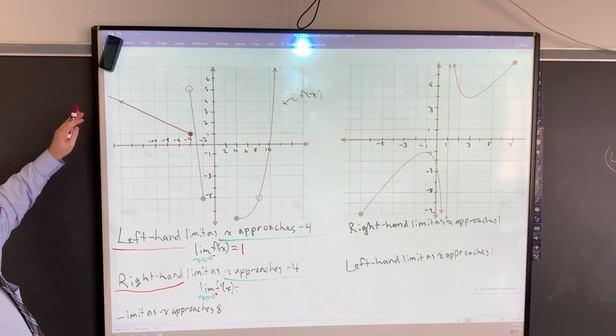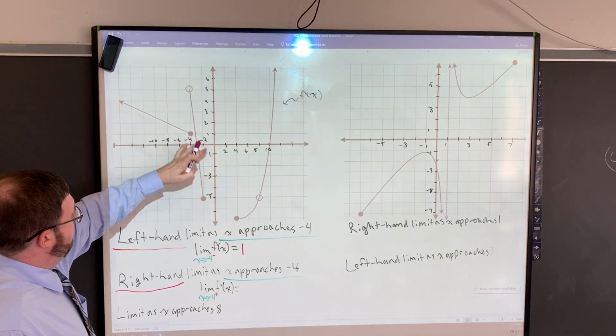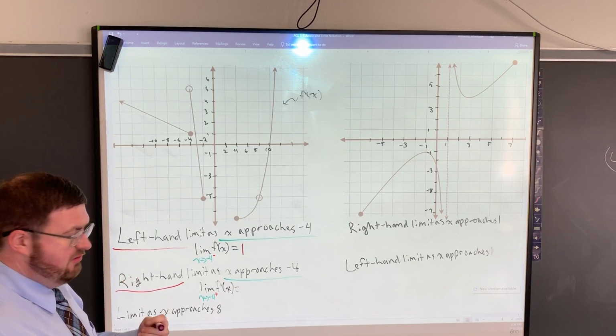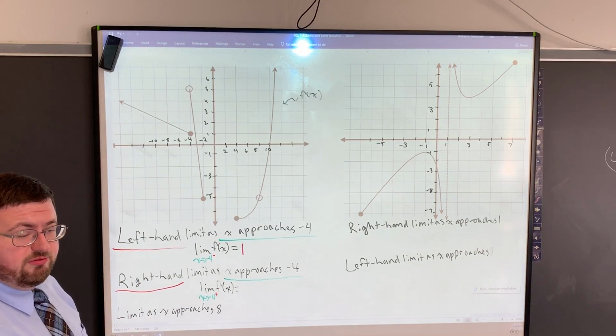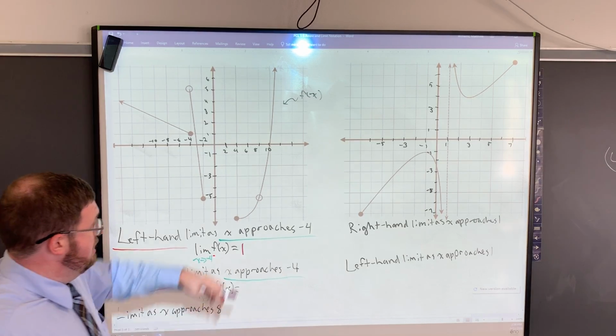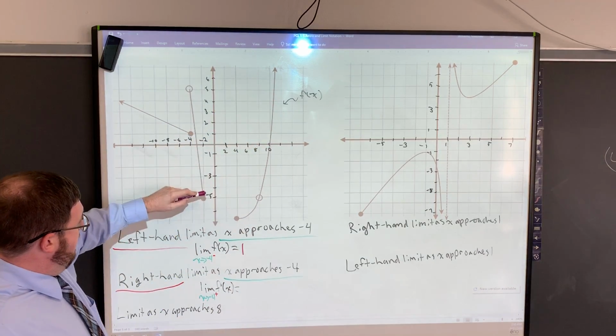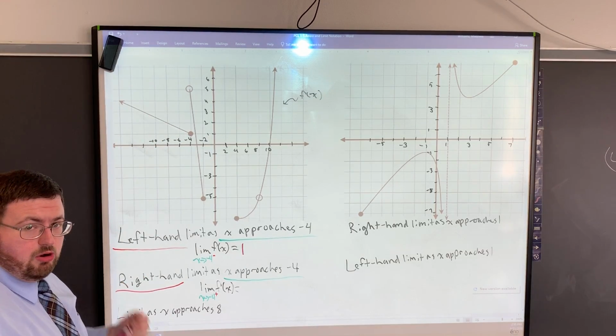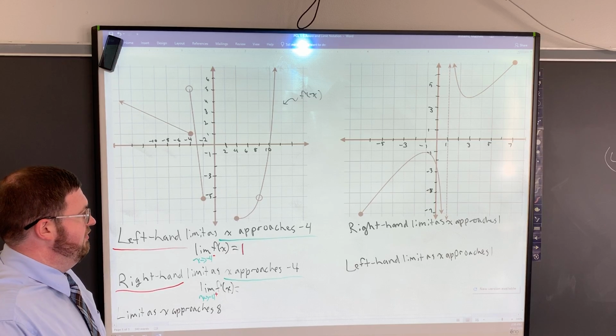This y value. One thing that I do need to mention is that this is a piecewise function, which I mentioned, I believe, in the domain video. A piecewise function is a function with multiple pieces. So this curve and this line are all part of the same function. They are all combined to make f of x.